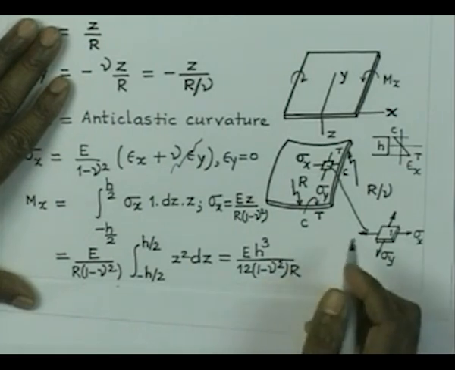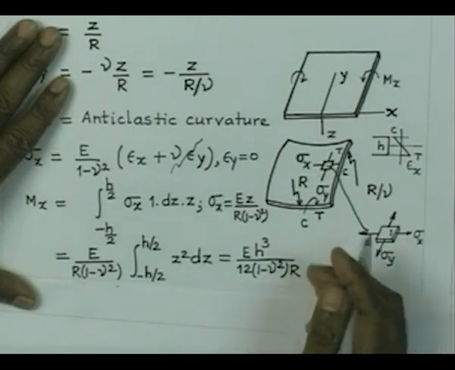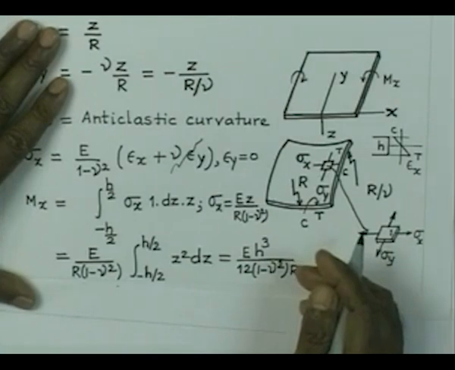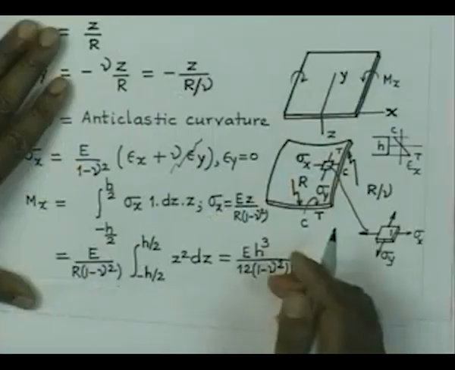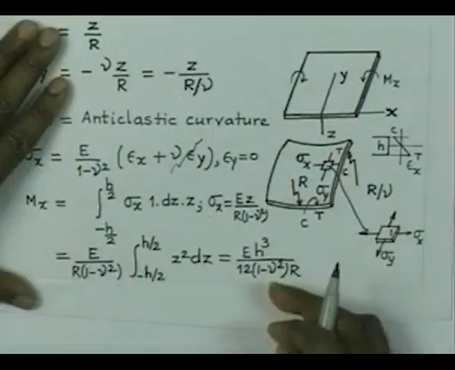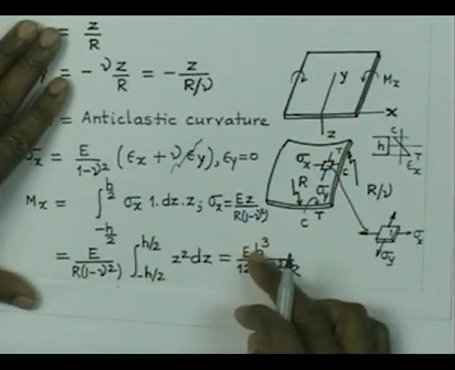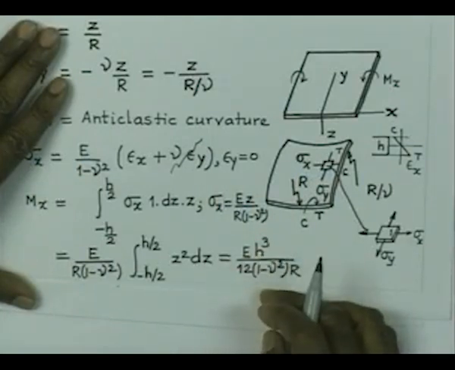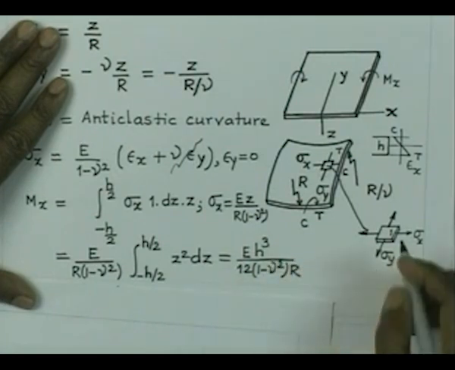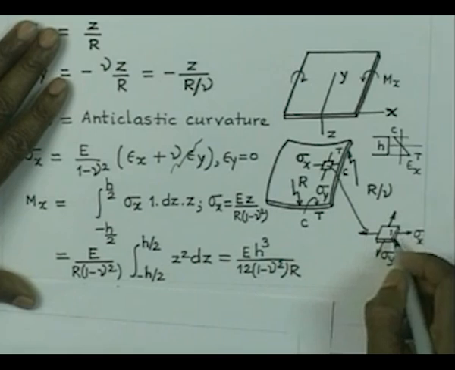into r. You remember in the case of beam, we had mx is equal to E by r into I. So, we have a similar expression here, that mx is equal to E by r into this quantity, which is nothing but I. You have a plate of height 1 and width 1.